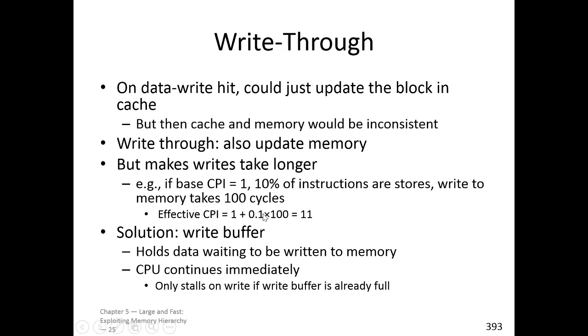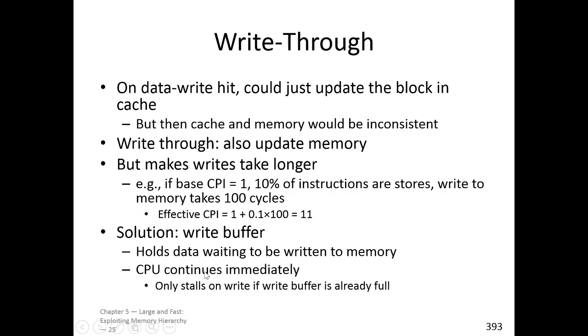If it takes 100 cycles to write this out in your main memory, and 1 cycle to update your cache, then even with 10% of instructions being stores, you're still looking at 11 CPU cycles effectively as your effective CPI. So it's not effective, is the point.